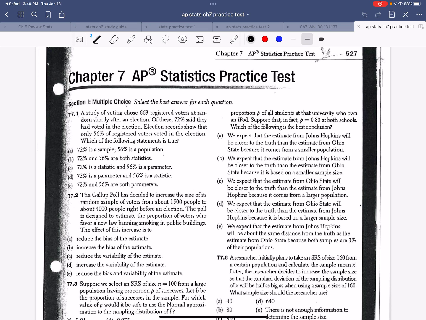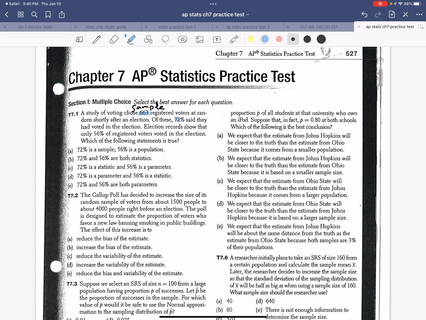Thanks for joining us. All right, question number 7.1. It says a study of voting chose 663 voters at random shortly after an election. Of these, so this must be our sample, right? Of these, 72% said they had voted in the election.